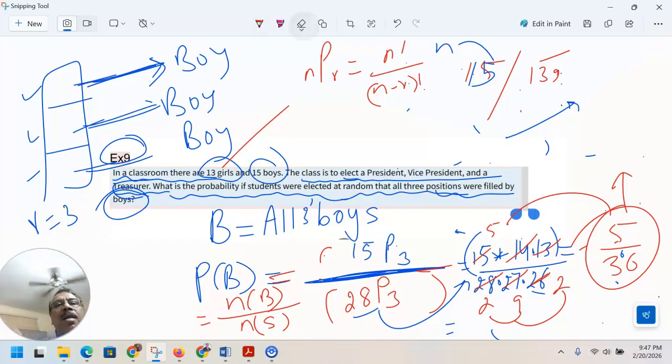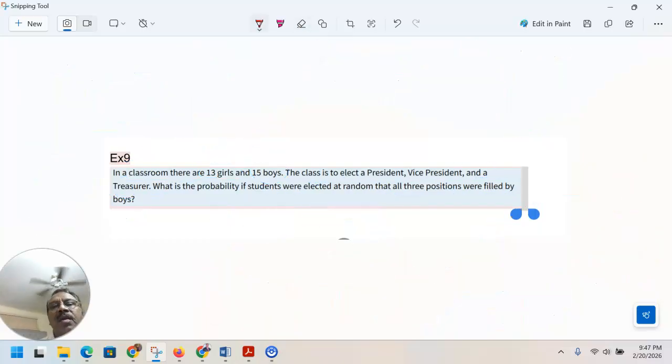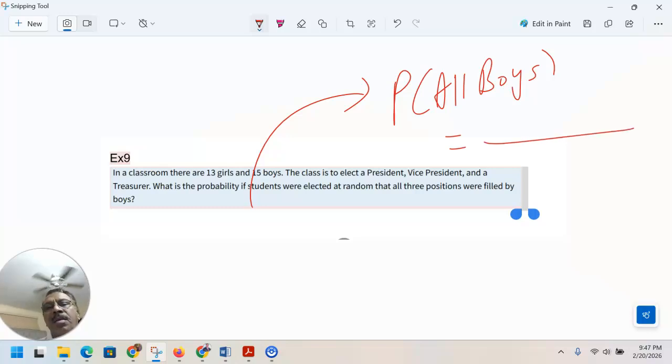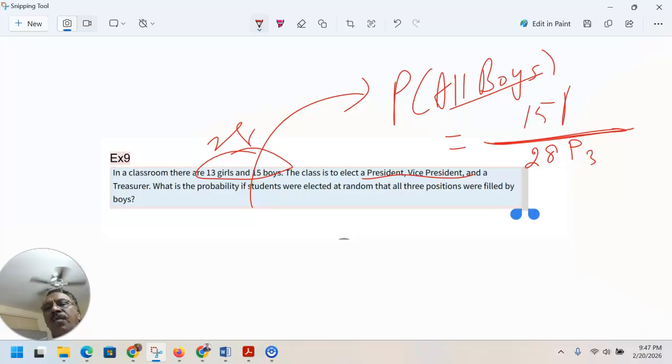For the exam, what I would say is, if this question was asked, all boys, you will write all boys, and then you write, from the 28 students, 28 P3 first, and the top one is because you are saying all boys, so it means there are 15 boys, and from 15 you pick 3.